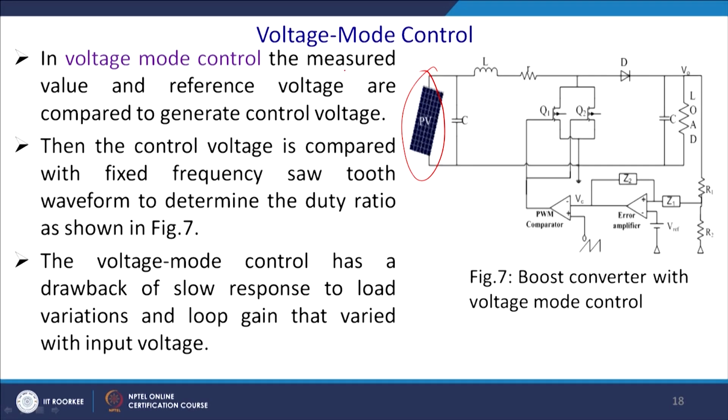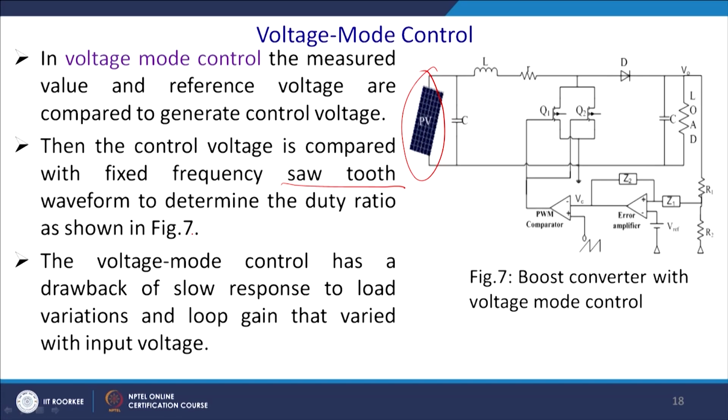In voltage mode control, the measured value and the reference voltage are compared to generate the control voltage. Then the control voltage is compared with a fixed frequency sawtooth waveform to determine the duty ratio as shown in figure 7.